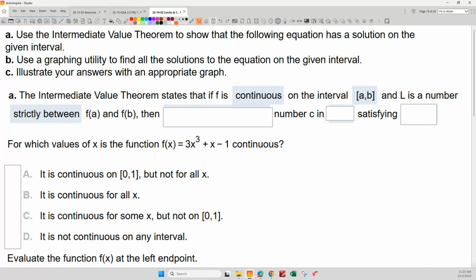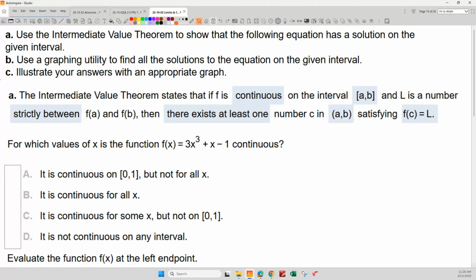Yeah, there exists at least one number C in the open interval between the endpoints. Yes. There's at least one number C between the endpoints satisfying f of c equals L. Perfect. You got it. That's it.